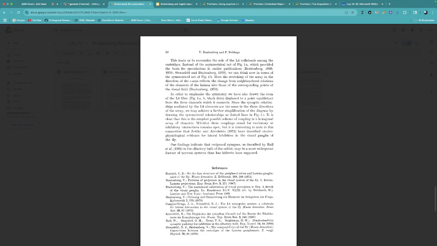Our findings indicate that reciprocal synapses, as described in Rall et al. 1966 in the olfactory bulb of the rabbit, may be a more widespread feature of nervous systems than has hitherto been supposed. So his argument also is that some of these aspects of neuroanatomy, of wiring, are universal across different nervous systems.